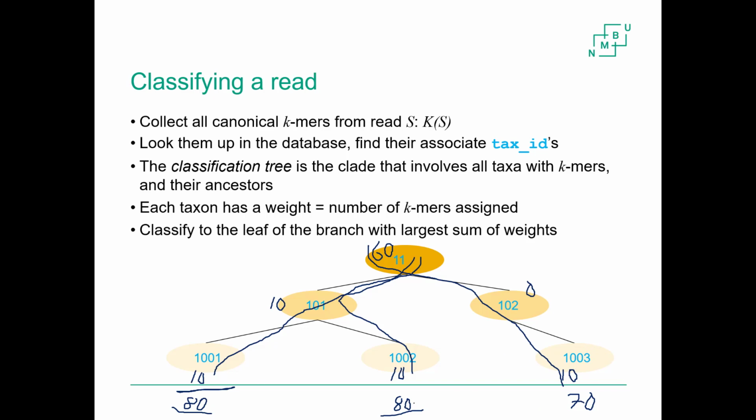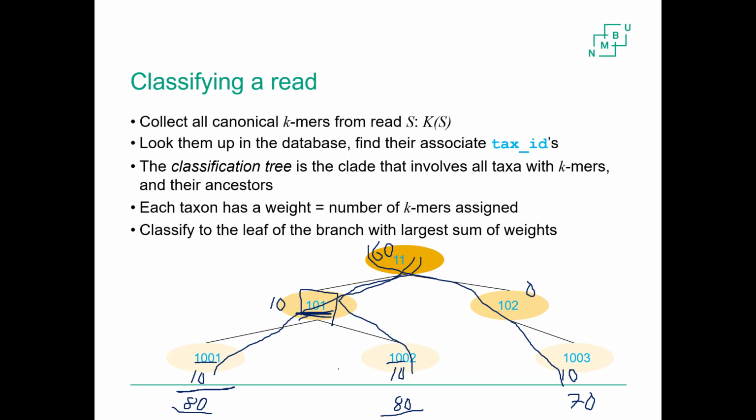But what do we do when we don't have a winner? Well, then Kraken will say that this read is not assigned to either of these two species, because they are equally likely to have this read. So we assign it to the genus instead, the lowest common ancestor of these two. So this read will actually be assigned here.